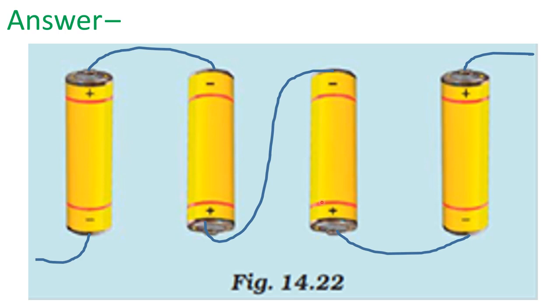And finally, to complete the circuit, the positive terminal of the third cell will be connected to the negative terminal of the fourth cell. This way, we have made a battery of 4 cells.